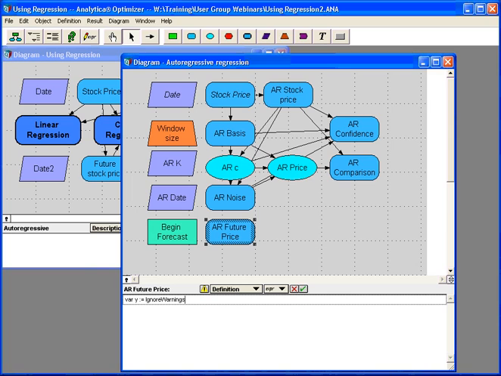So I'm going to do this subscripting again that we did before. I'll use our AR stock price. And AR stock price is, let's see here, indexed by AR date. Okay, so we want to change that over to our new date. Okay, so we'll go ahead and populate it with just the data. But then we're going to start looping over each day that we want to predict.